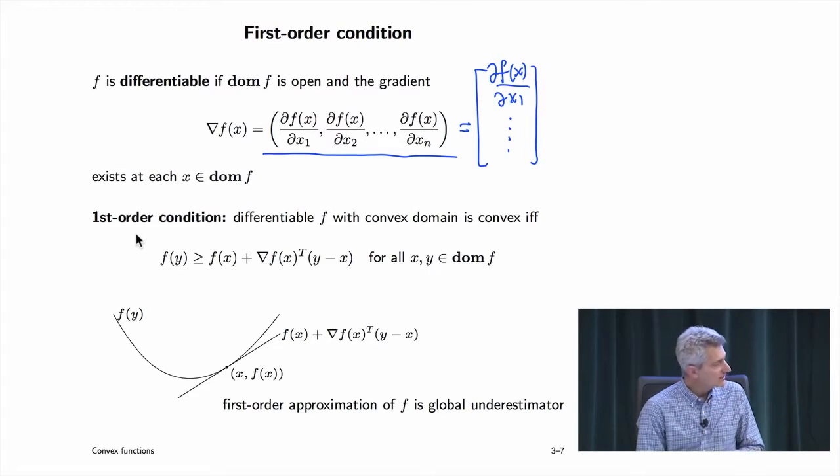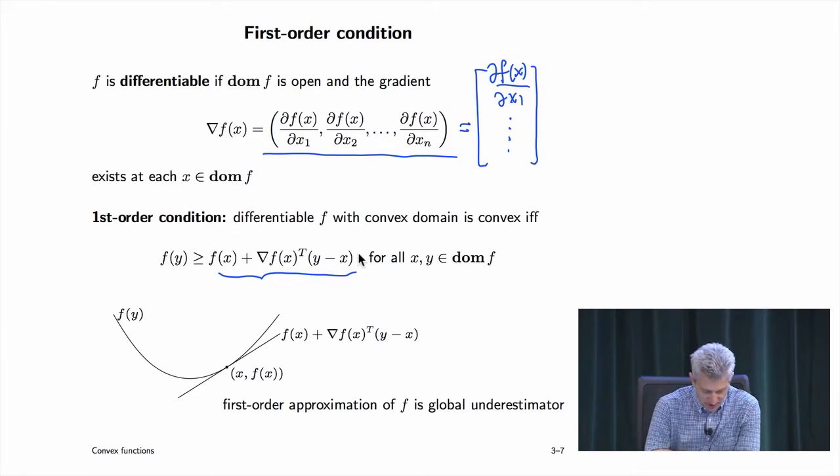And the first order condition is extremely interesting. It's one of the most important things, and it's kind of the one thing which tells you everything. It's this. This function here is the first order Taylor expansion of f at the point x. So y is the variable here.